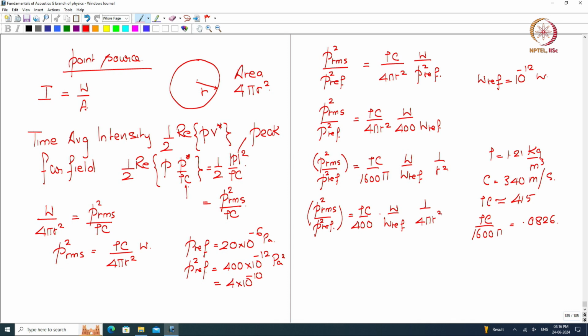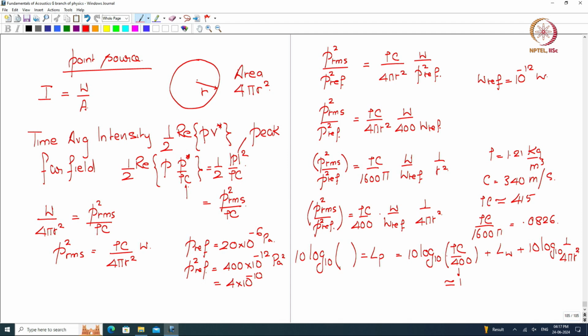Okay. And now if I do 10 log to the base 10 on the left, that is equal to LP, that is equal to 10 log to the base 10 of rho C by 400, and this is approximately 1, plus LW plus 10 log to the base 10 of 1 by 4 pi R square.